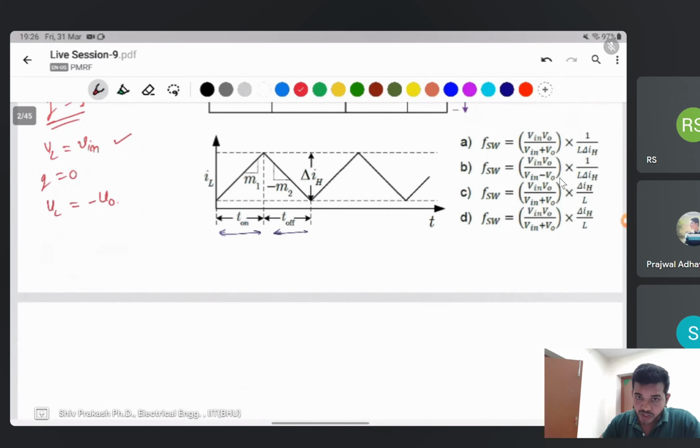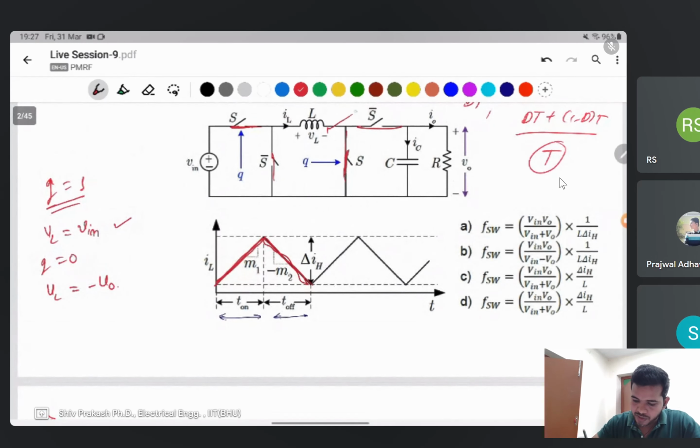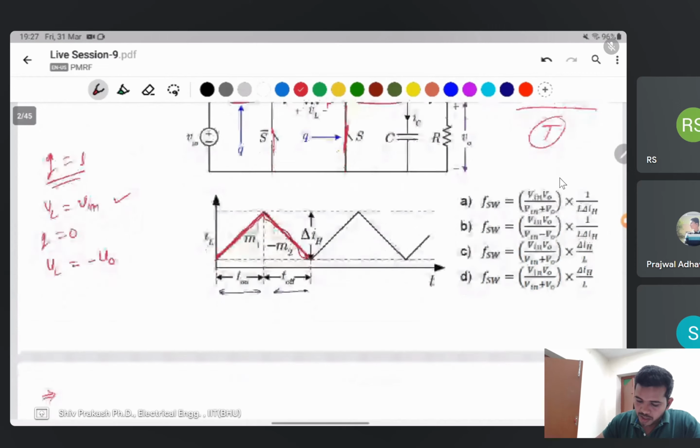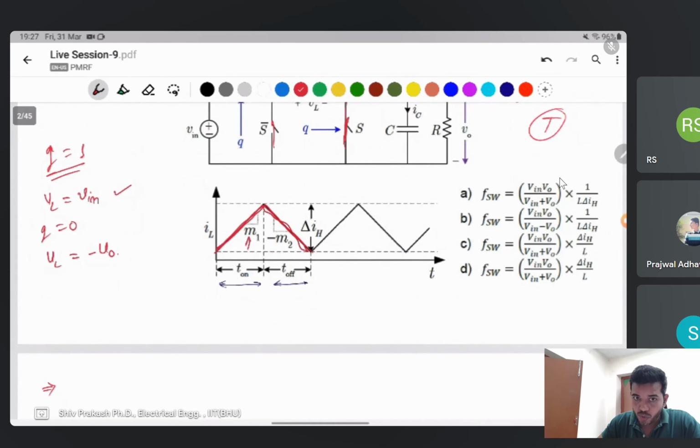The same thing applies, the volt-second balance equation, and the inductor current IL has slope M1 in this interval and M2 in this one. What will be the M1 slope? Slope will be the voltage.